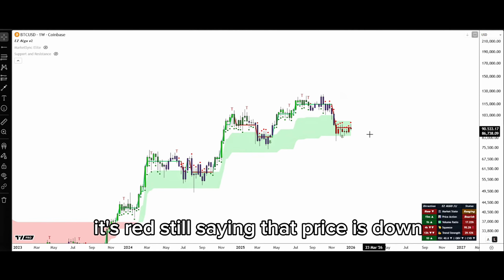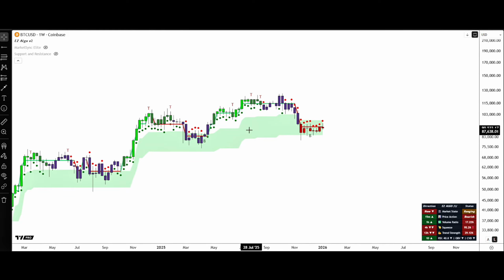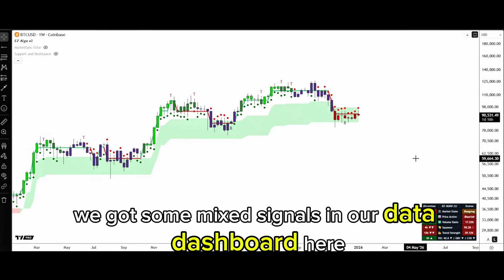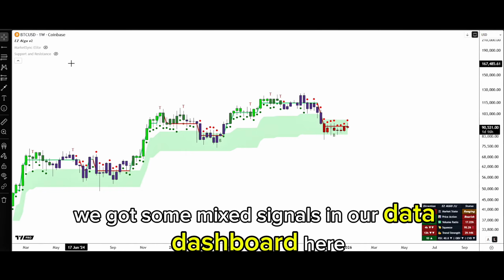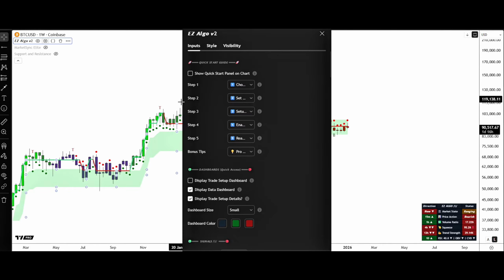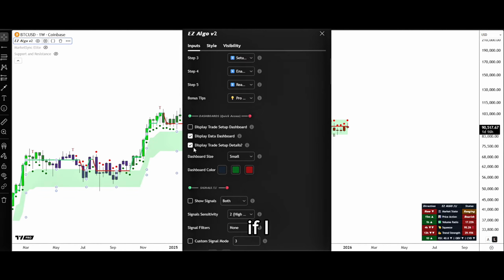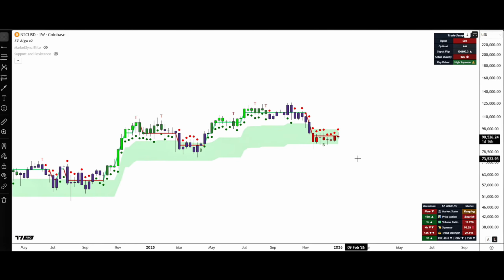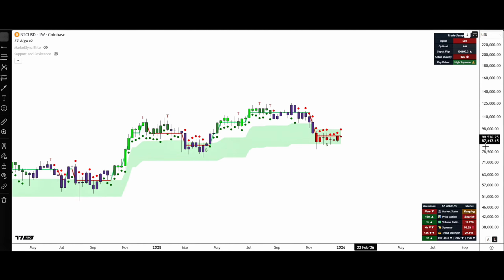It's red, still saying that price is down. Price action candles, still red. We got some mixed signals in our data dashboard here. And if I pull up our trade setup dashboard, yeah, it still looks like crap.